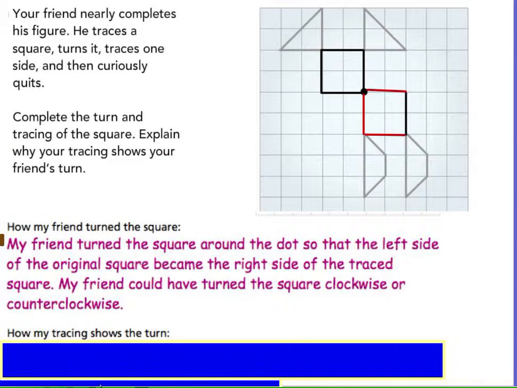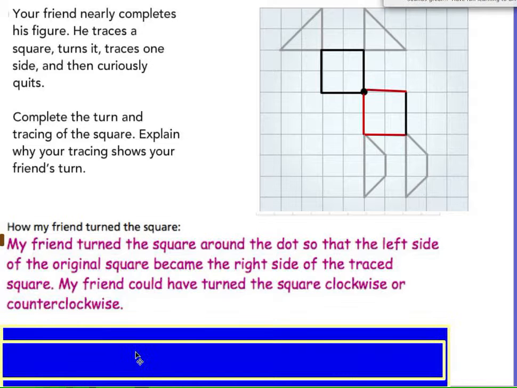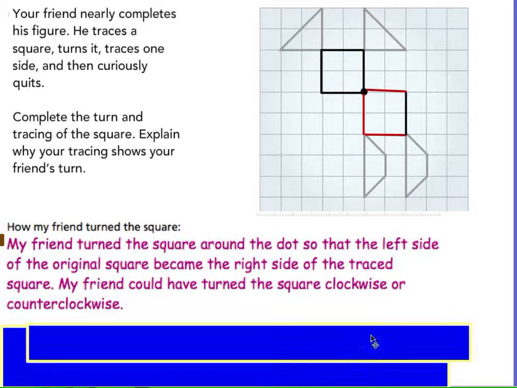Okay. It says here that the original square was turned around the dot so that the left side of the original square became the right side of the traced square. My friend could turn the square clockwise or counterclockwise. Doesn't matter what direction you go.